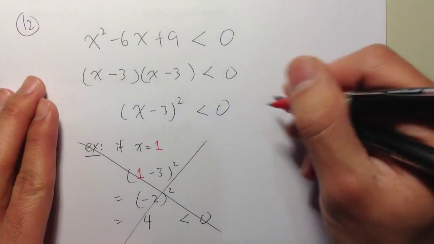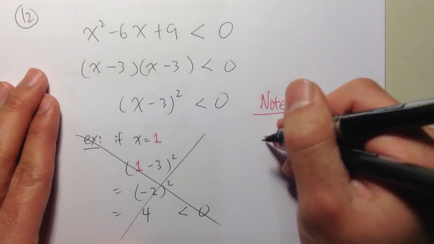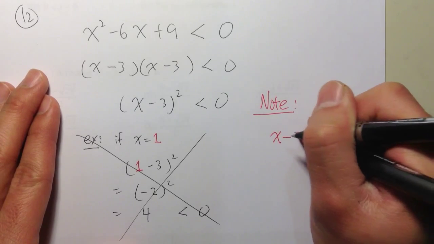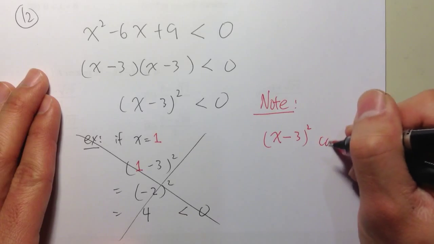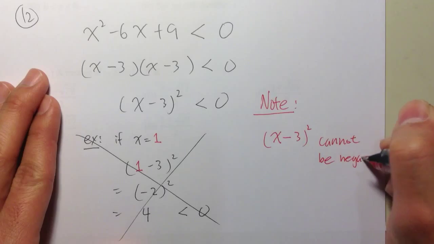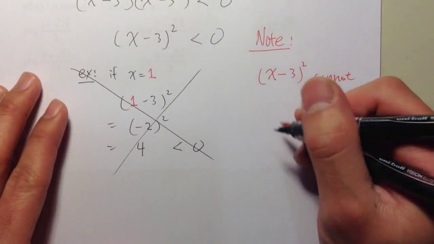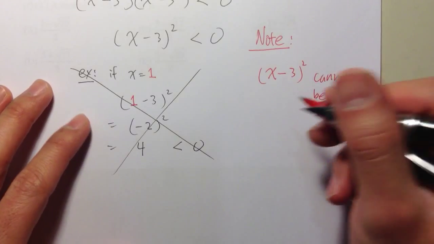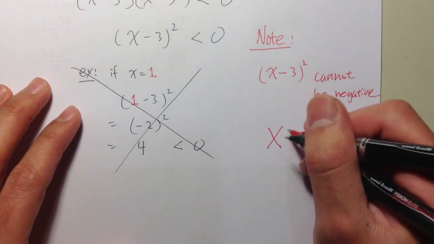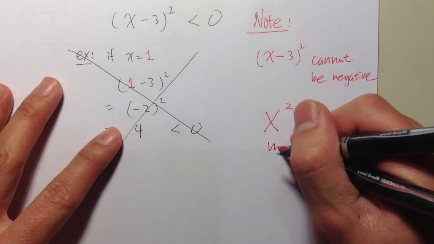So let me write down some notes. When you have x minus 3 squared, it cannot be negative. In general, when you have some expression, let me use a bigger X, some expression, and you square that, less than 0 is not possible.